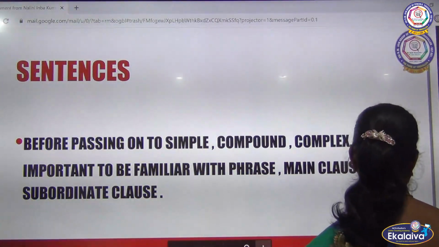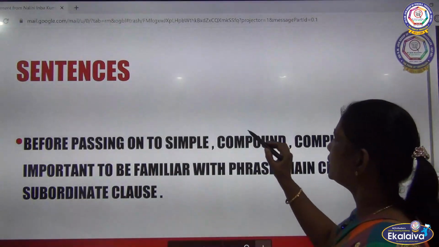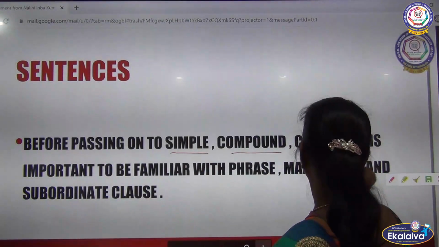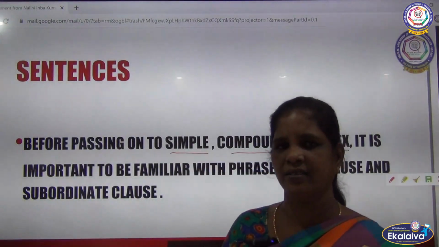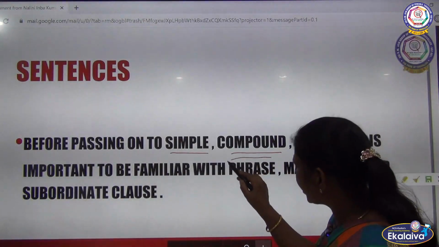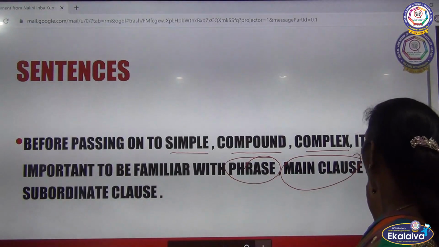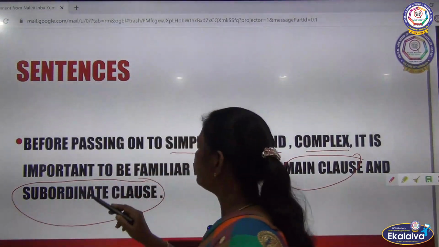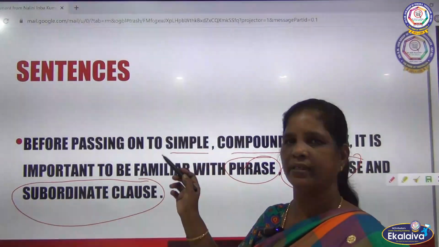This is very, very important. Before knowing simple, compound and complex sentences, you must be familiar with phrase, main clause and subordinate clause. If you are thorough in these, you can go for simple, compound and complex.